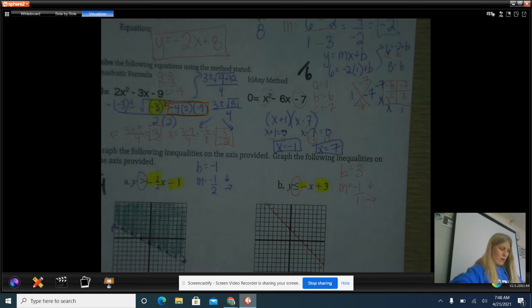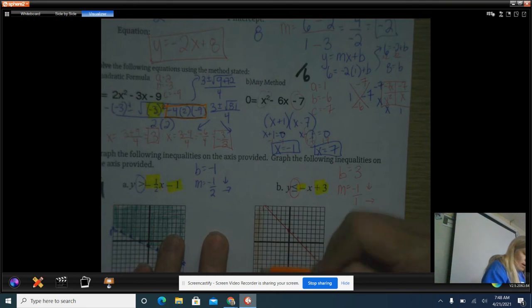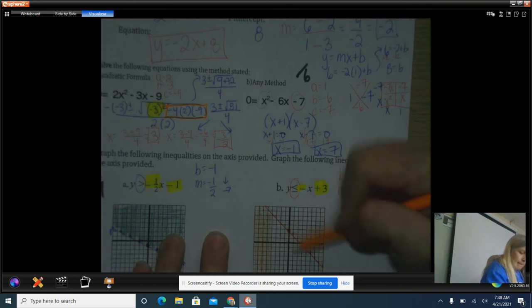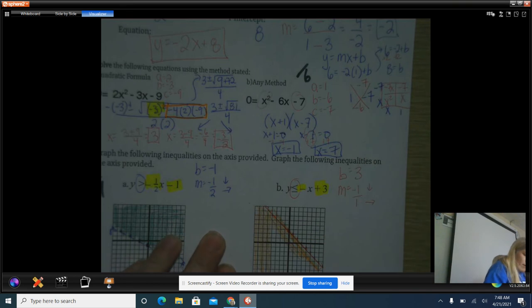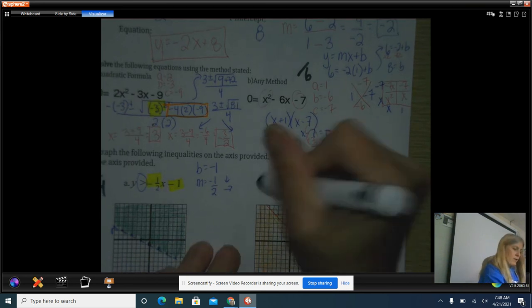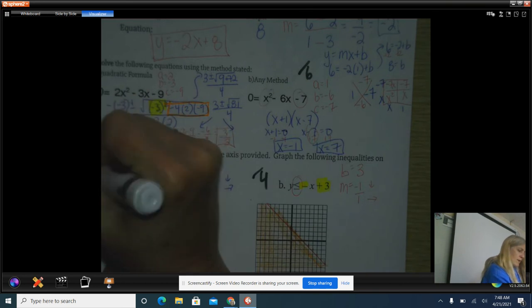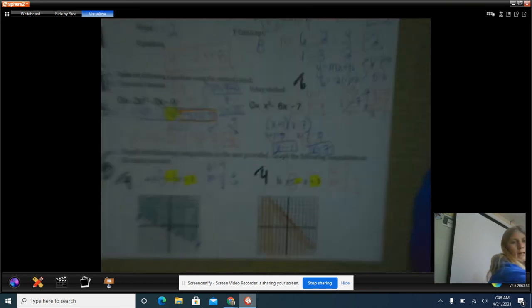Okay, this one as well is going to be worth those same 4 points: 1 for your slope, 1 for your y-intercept, 1 for a solid line, and your 4th point for shading below. Okay, so in total, that number 5 is going to be out of 8.